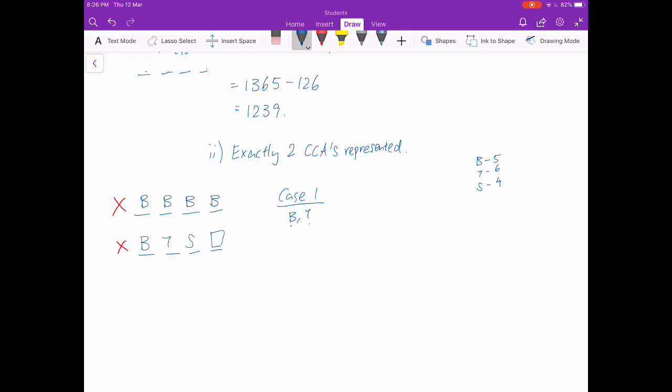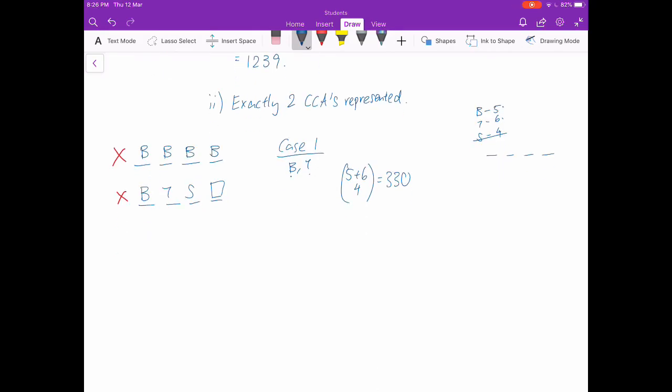I don't want any S here, strike it out. So we have 5 plus 6, choose 4. Compute that. Okay, let me repeat for all the other cases.